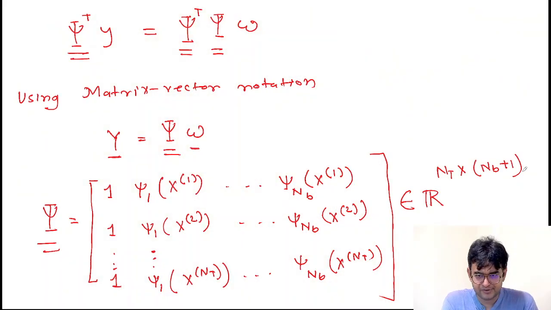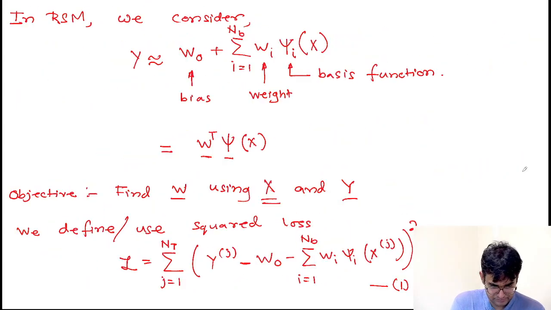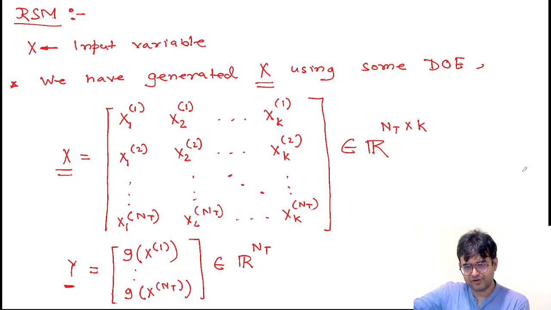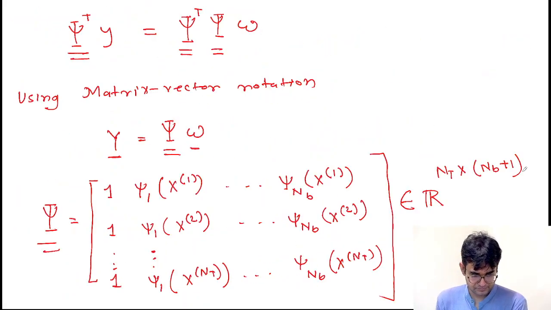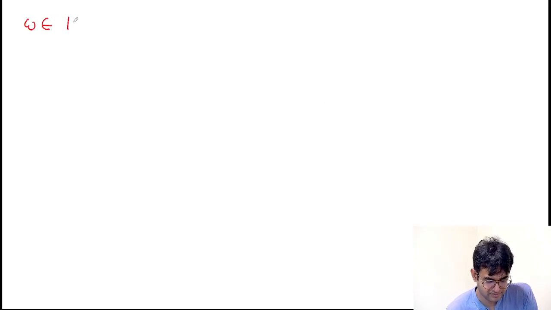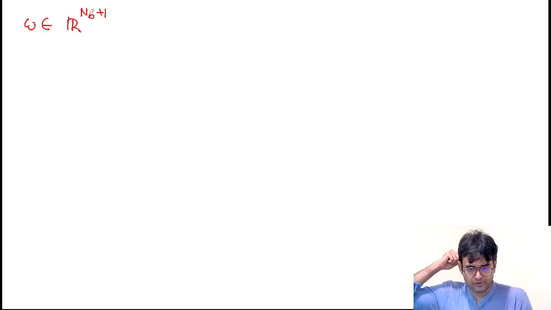So this is the psi that you get by using this x. That's what we did. We used this x to find out that psi. Okay. W, what is the size of W? W will be a vector of R NB plus 1, and Y size you already know, I wrote it earlier.